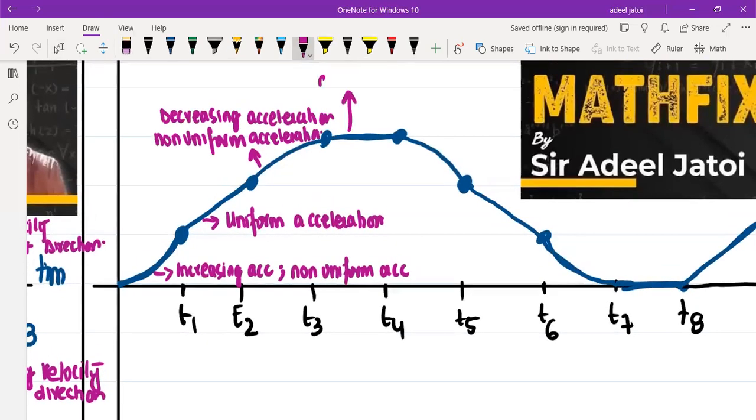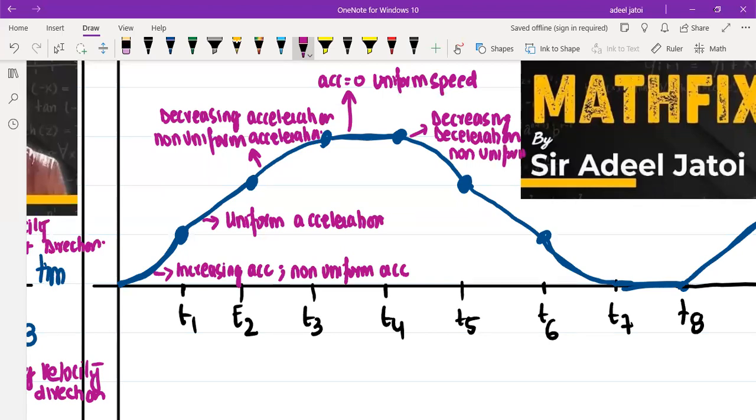Here, acceleration is 0. Uniform speed. Then we have decreasing deceleration, or we can have non-uniform acceleration.